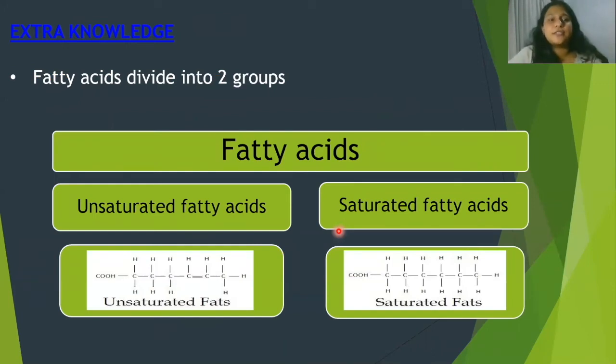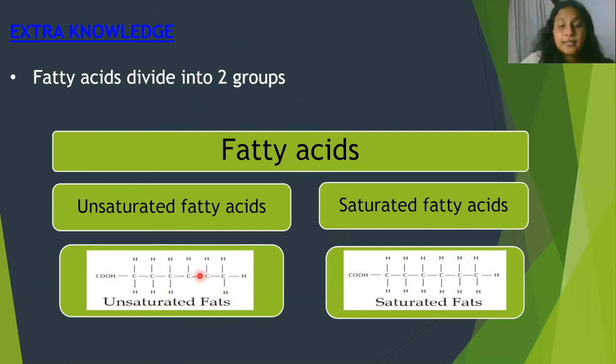Extra knowledge. Fatty acids divide into two groups: unsaturated fatty acids and saturated fatty acids. Unsaturated means you can see several double bonds between carbon atoms, right?